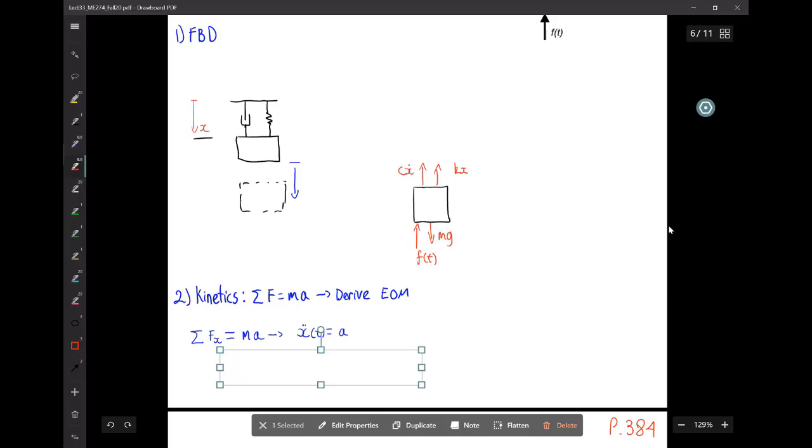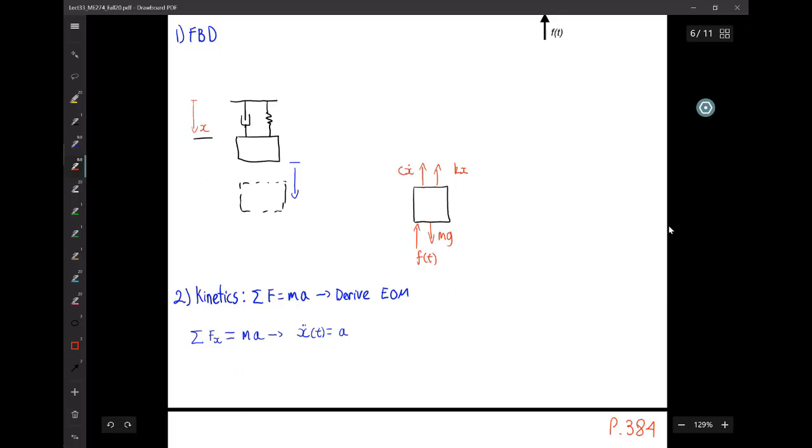Okay, so now let's write the equation of motion. I have the summation of forces in x. I have negative c x dot, negative k x. Maybe I should write this in this way.